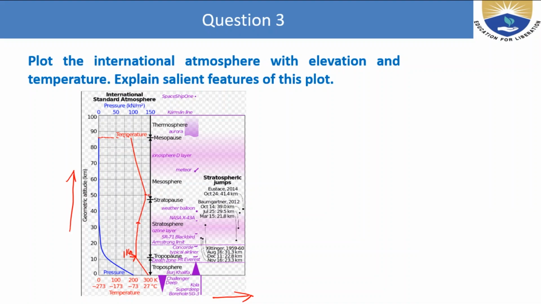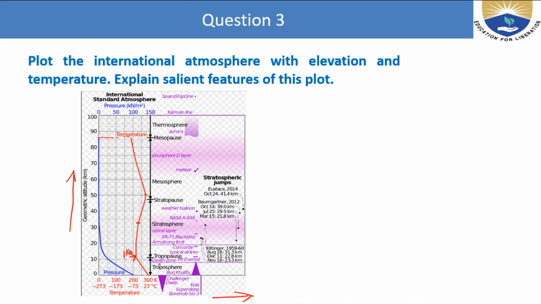From 50 kilometers to the ionosphere the temperature is decreasing, and further it is the thermosphere. So here all these altitudes are given.